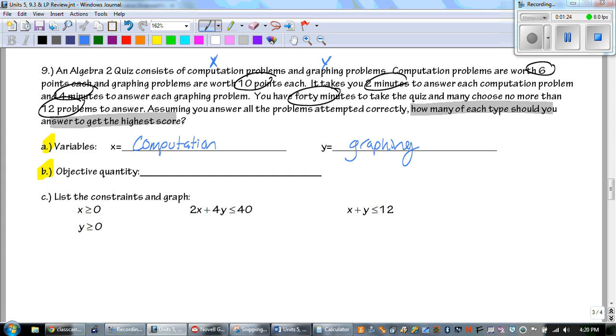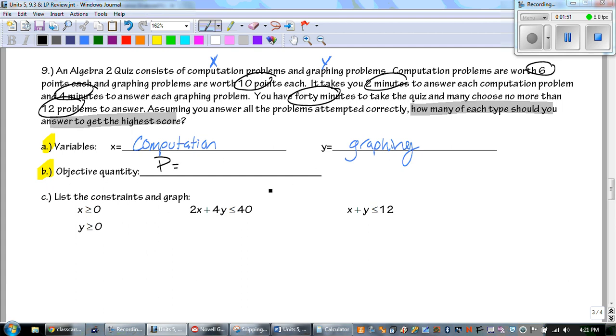Okay, so let's go through this now. We need to find the objective quantity. In all the other problems we've done like this, they have all been talking about money. But this one's not talking about money, so how can I figure out what the profit is? Well, remember, you're taking a quiz, and on a quiz you want a lot of points, right? So that's what our objective quantity is going to be.